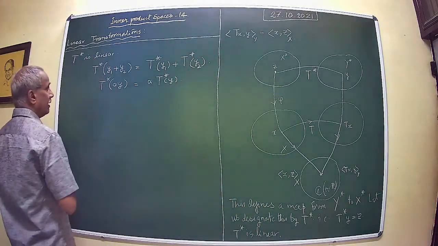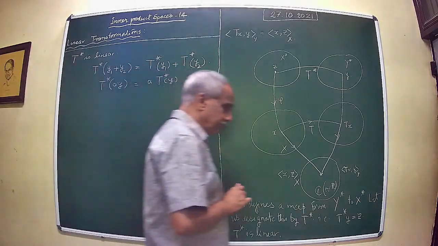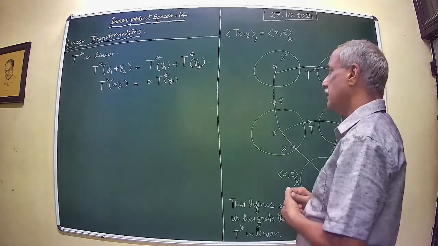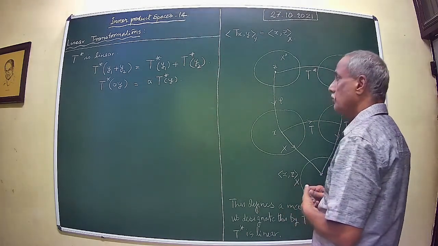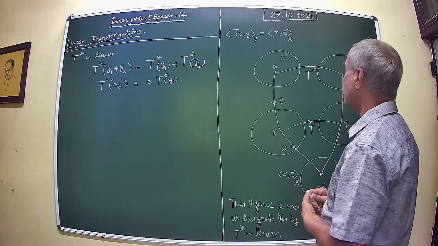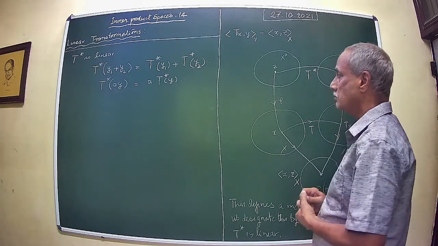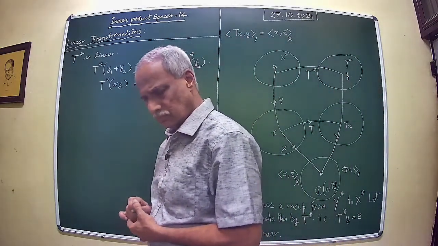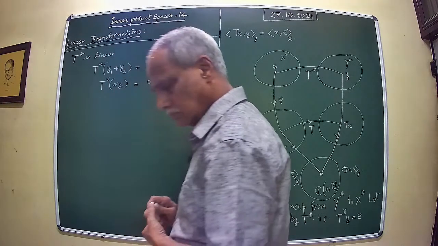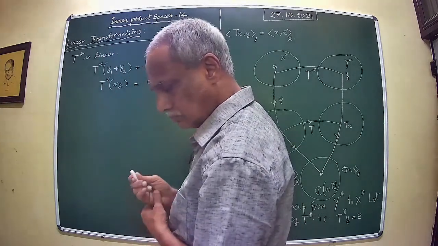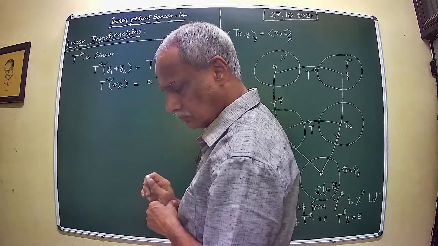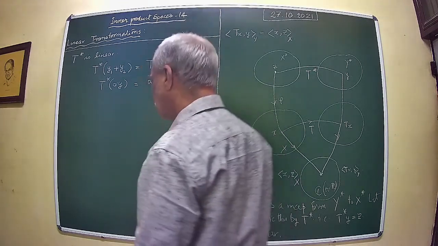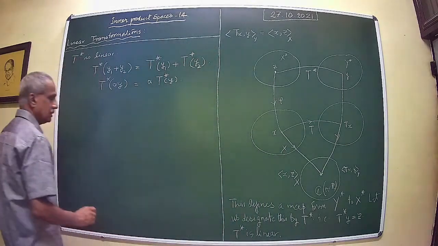So T star of y1 equal to z1, T star of y2 equal to z2. Okay. So what is this T star of y1 plus y2? Okay, let's work on that. So see how this association goes.